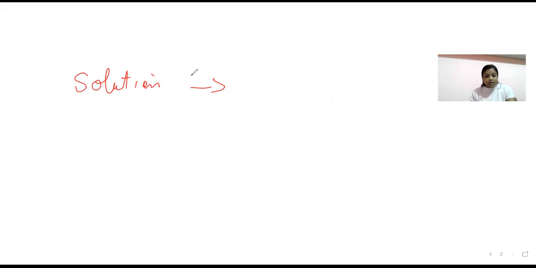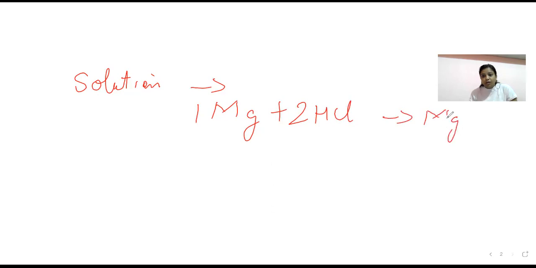So the balanced equation is: 1 mole of magnesium reacts with 2 moles of hydrochloric acid, forming 1 mole of magnesium chloride and 1 mole of hydrogen.